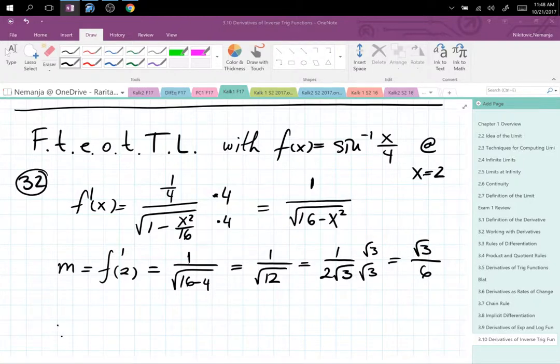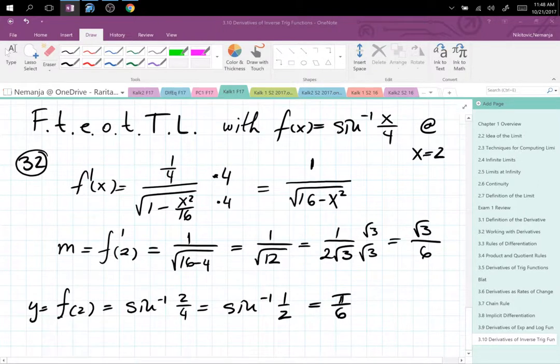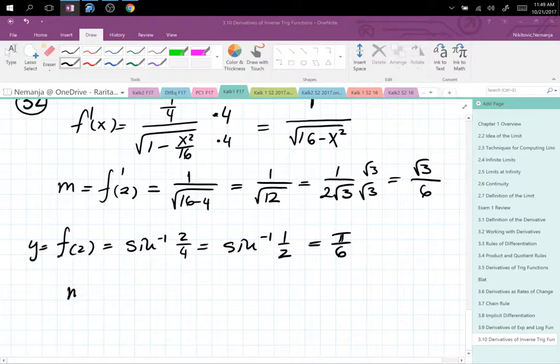I also have to find the y value, which is f computed at 2, and that would be sine inverse of 2 over 4, which is sine inverse of a half, which is what I had earlier, pi over 6. So now we have that m is equal to root 3 over 6. X value is 2, y value is pi over 6.